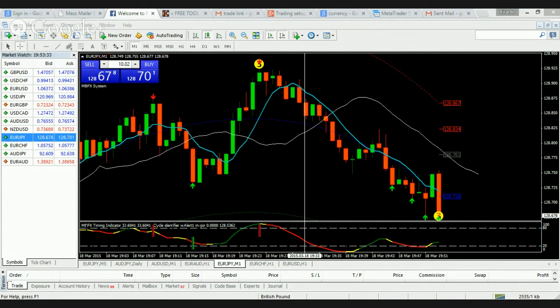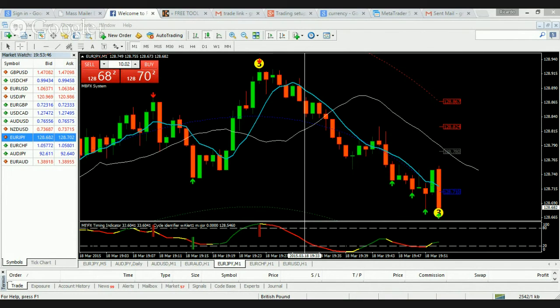Okay, hold on. It says screen share. Oh, okay, here.